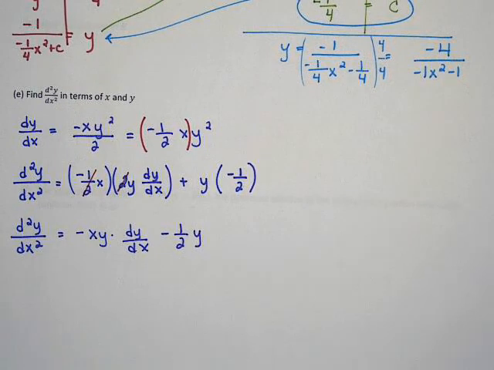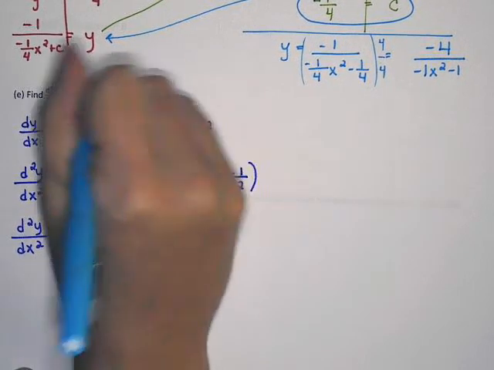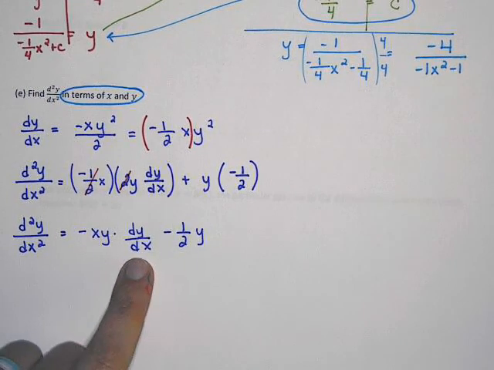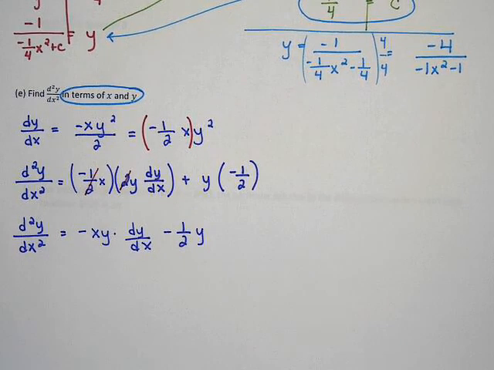And then a lot of students tend to stop. And here's why you can't stop. In the directions, it says in terms of x and y. But this answer has a dy dx in it, and I only want regular x's and regular y's.